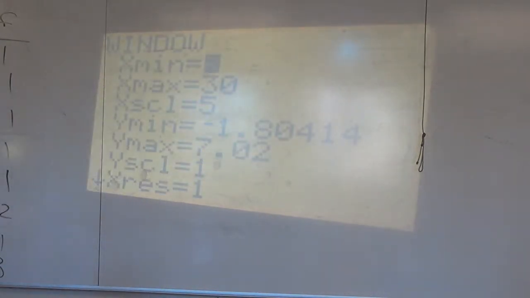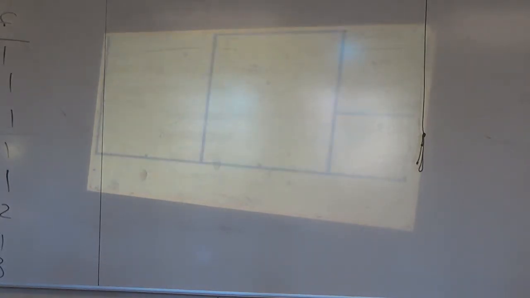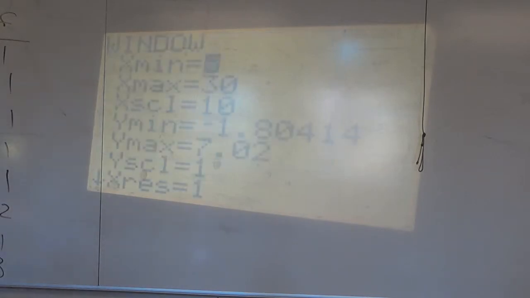So what would I have to change X scale to be in order to get twice as many bars? Careful, 2.5. If I make it 10, you get 3. I get half as many bars because I made them twice as wide. Does that make sense? To get twice as many bars, I have to change it to 2.5.